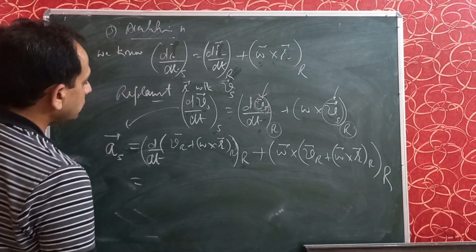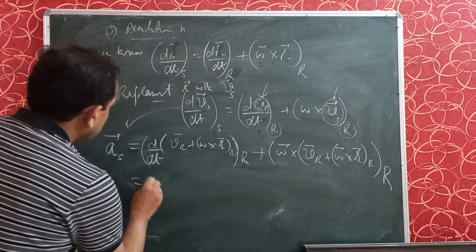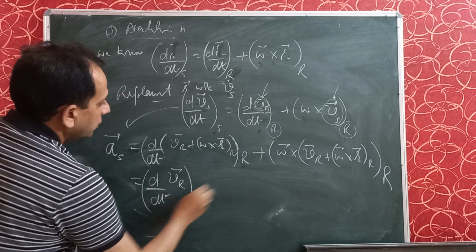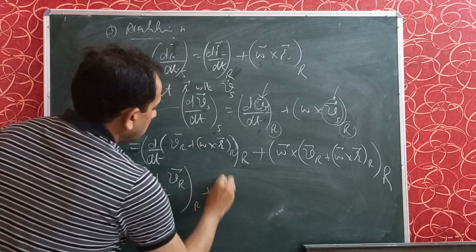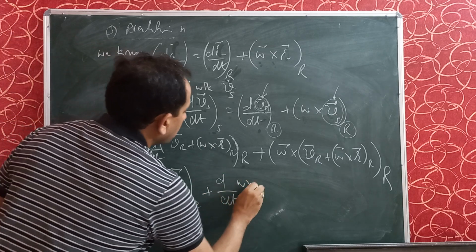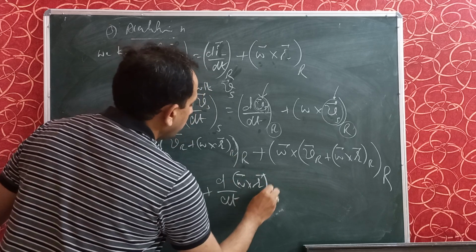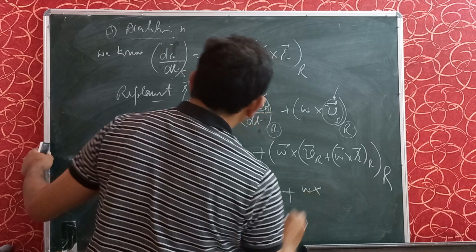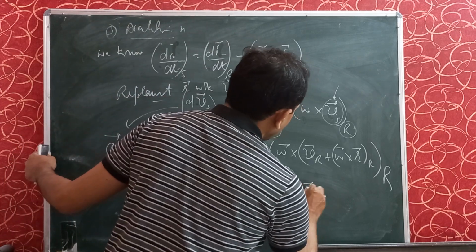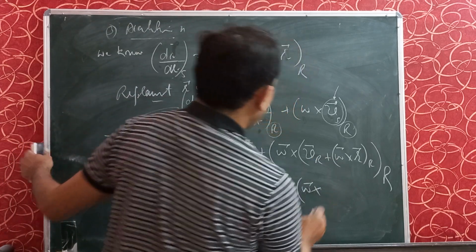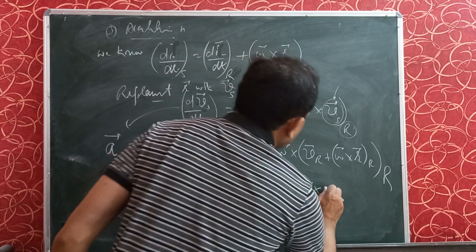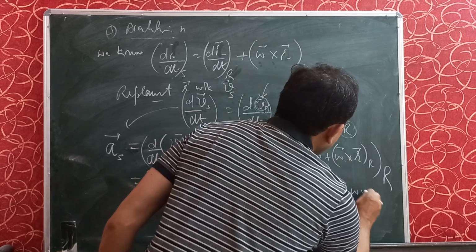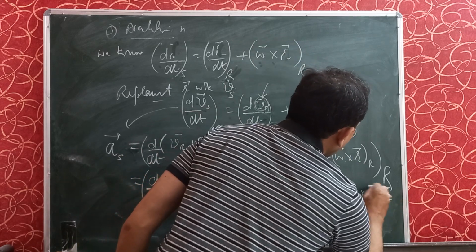Now we may do the derivative. This becomes d/dt of Vr with respect to the R frame, plus d/dt of omega cross r in the R frame, plus omega cross Vr plus omega cross r.